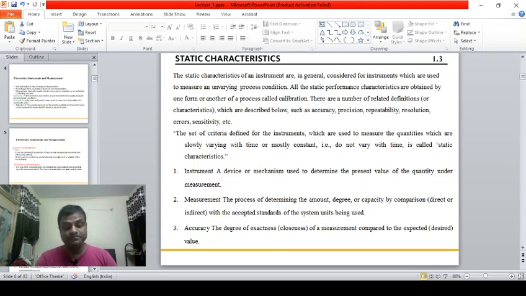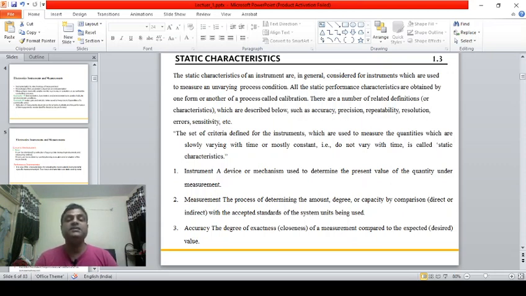Because we know, if you purchase a particular packet and it mentions that this packet has 300 grams, we know the standard value of 300 grams, and if you want to measure, we can easily verify at any shop. If the instruments are available, with the help of these instruments we are able to verify, so we accept that this packet actually has 300 grams. So that is called measurement.